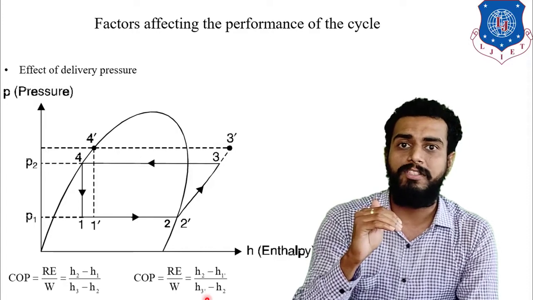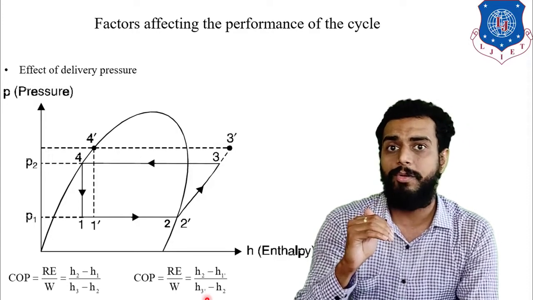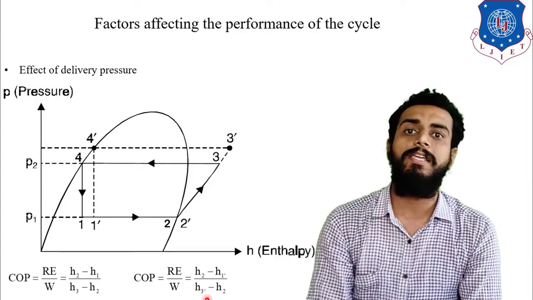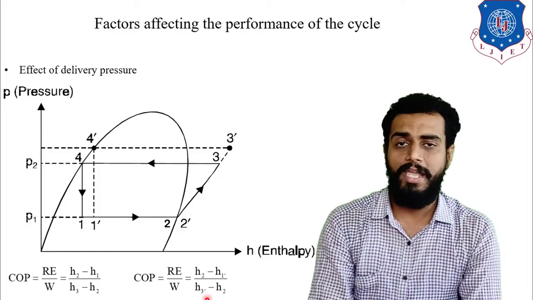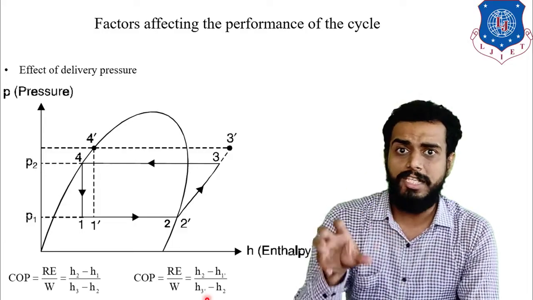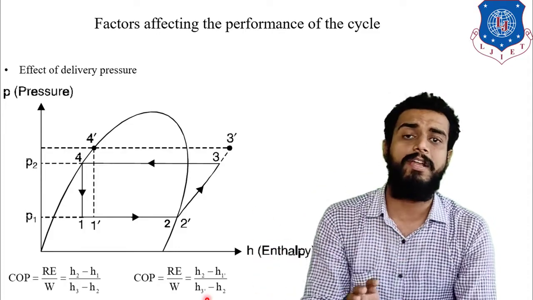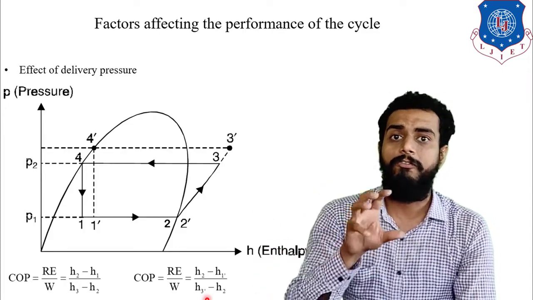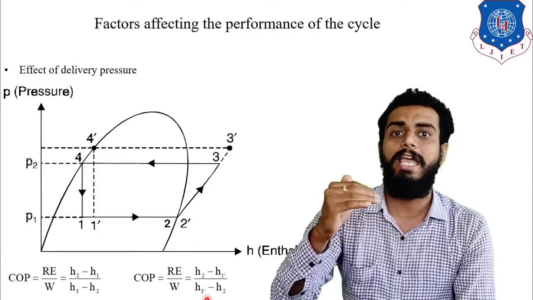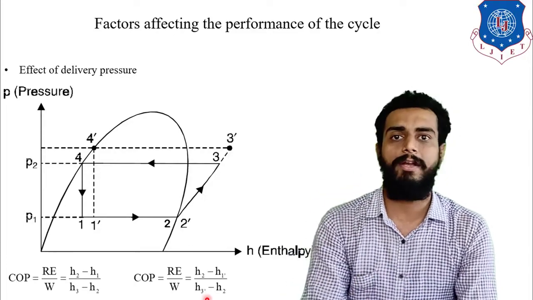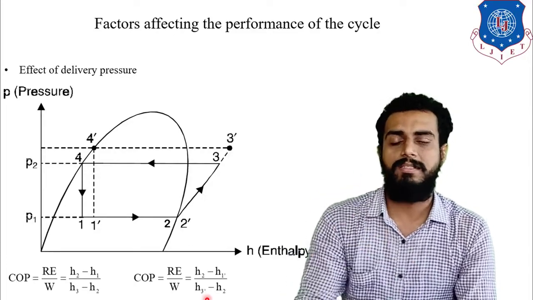So in the summer season, you have to increase the pressure of the compressor. That is why in the summer season, compared to the winter season, the same refrigerator will perform less, or you will have less refrigerating effect. Okay, so that is the case.